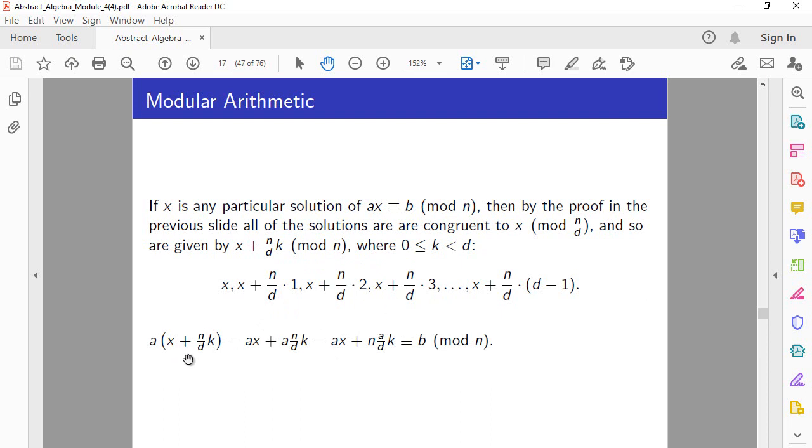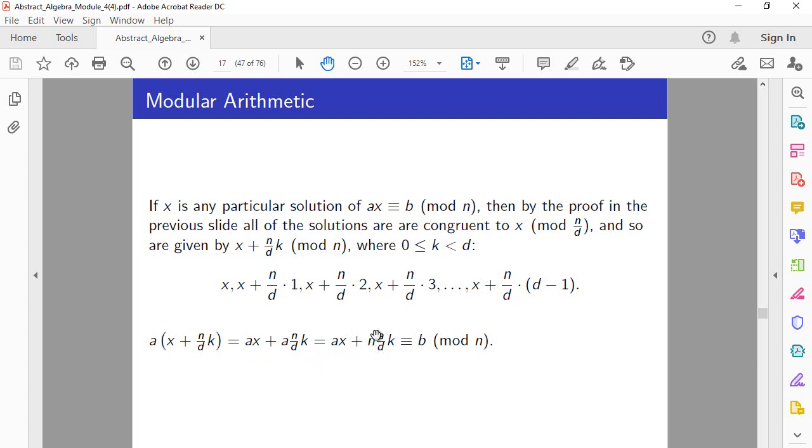Okay, so this is just a short note here to show that if x is a particular solution, then x plus n over d times k is also a solution mod n. So a times x plus n over d k is equal to ax plus a n over d k, which is the same as ax plus a over d times n k.